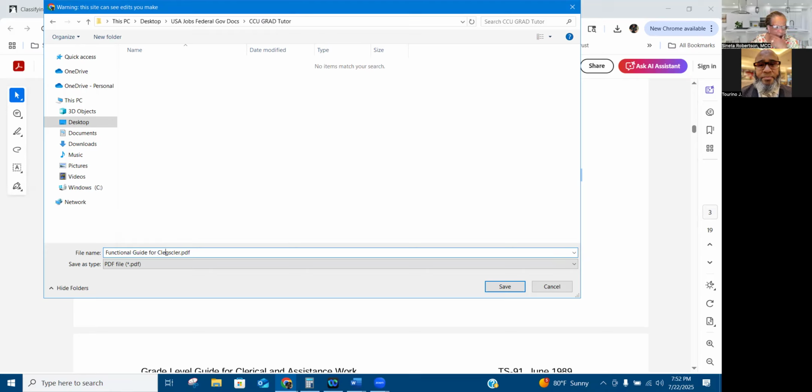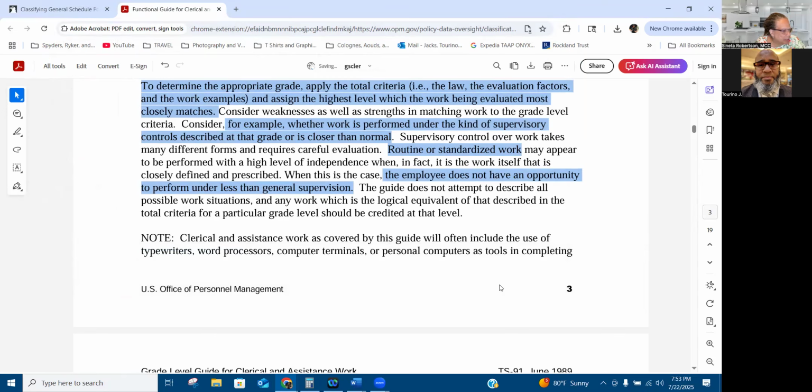Clerical and assistance work, I'm sorry. I thought it was clerical and technical. Oh, it includes technical, but I think the title says clerical and assistance.